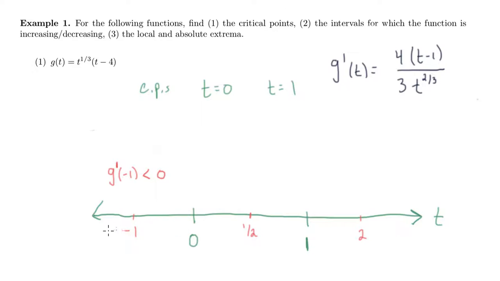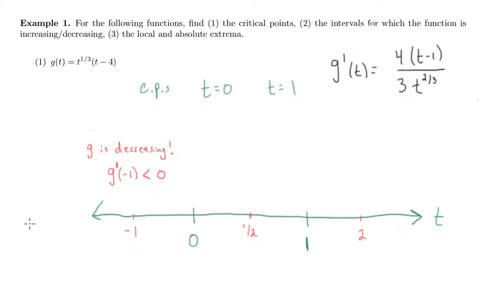Okay? But that means for this open interval, negative infinity to 0, g is decreasing. How do I know that? Well, because the derivative is negative.